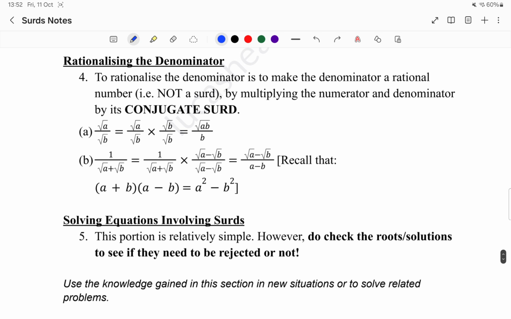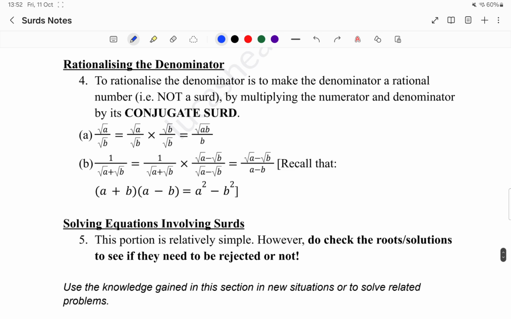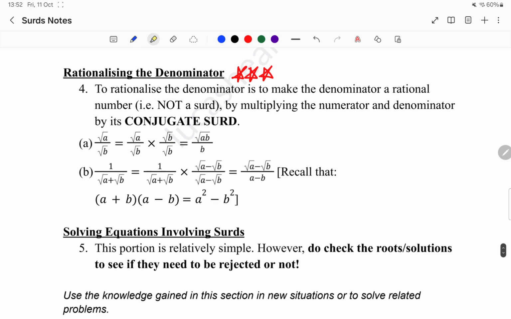For rationalizing the denominator, why do we need to do this? It is such that we need to make the denominator a rational number. This portion here is very important. It will definitely get tested, so I need you guys to listen up. To rationalize, we are trying to make the denominator a rational number and not a surd.